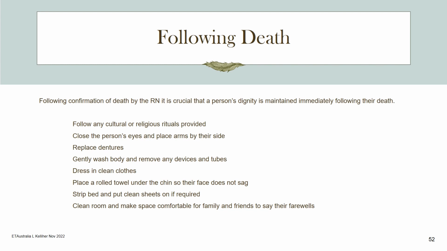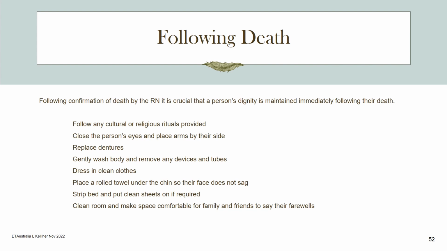Replace dentures as soon as possible. It's very hard to get dentures in after a certain time, so if you are there at that time and you can get the dentures in straight away, that is very helpful. A lot of families like to see their loved ones with their dentures in and still have that dignity and respect.